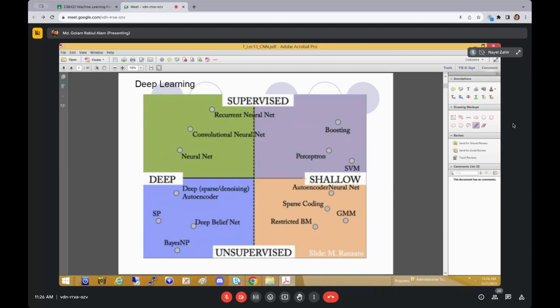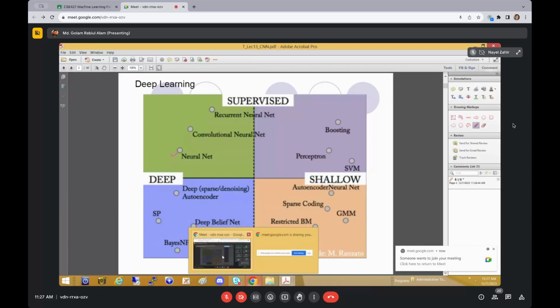Now, for deep architecture and supervised, there is the deep neural network, where we can say the convolutional neural network and recurrent neural network.